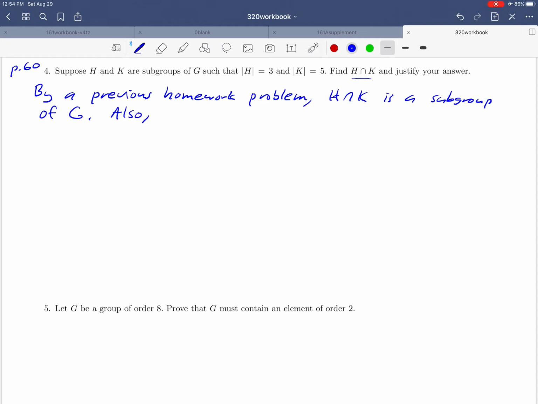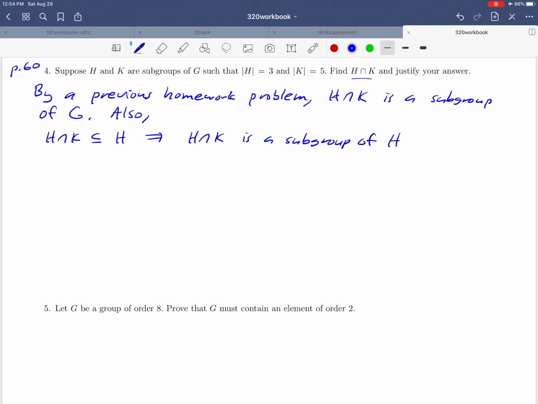Okay, so for example, the fact that H intersect K is a subset of H implies that H intersect K must be a subgroup of H, because of the observation that we made above that H intersect K is a subgroup.